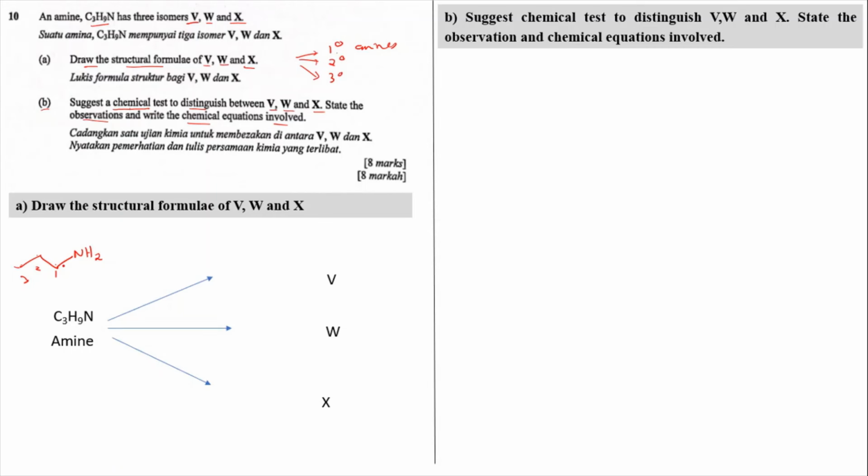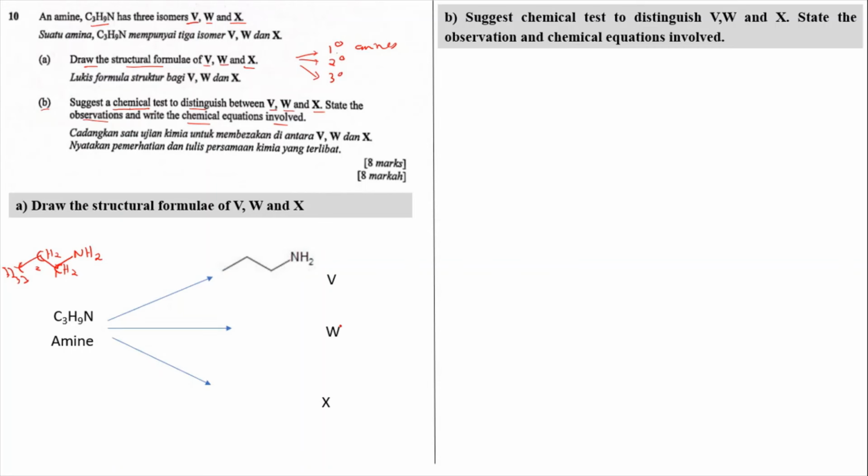Here the number of carbon is going to be 3, and then the hydrogens 2, 4, 7, and then plus 2 here, we have 9 hydrogen, and then 1 nitrogen. So you know that the first structure is going to be something like this, which is propanamine.